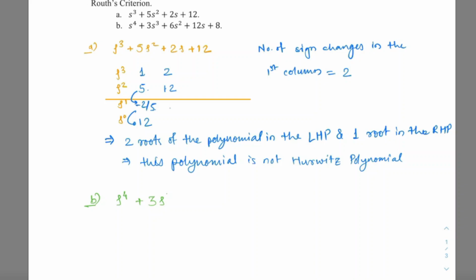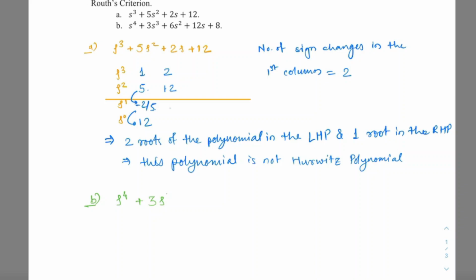Then we take this as 0 and we go 12 into 8 minus 6 into 0. So that would be 8. Now for this position we have 2 into 12 minus 3 into 8 over 2, which is 0.